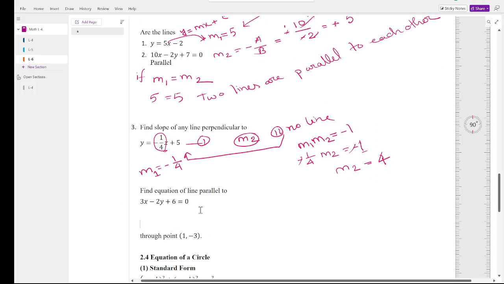Now find the equation of the line parallel to this line.